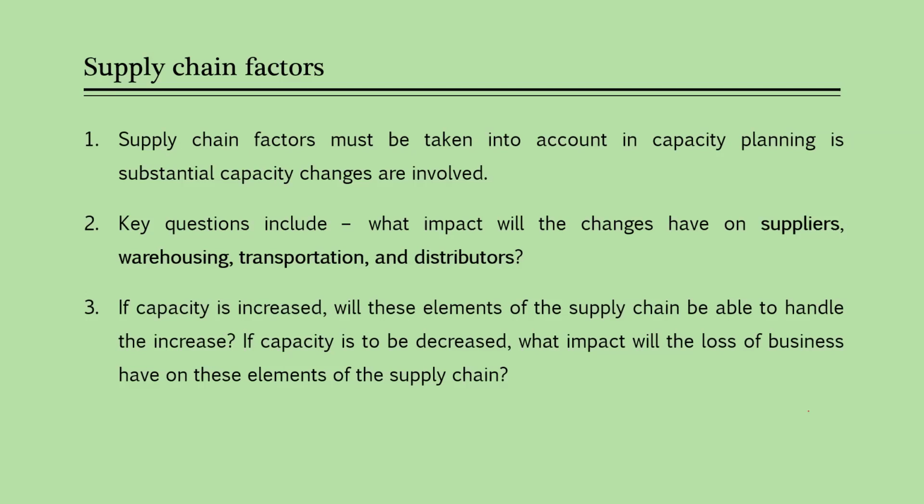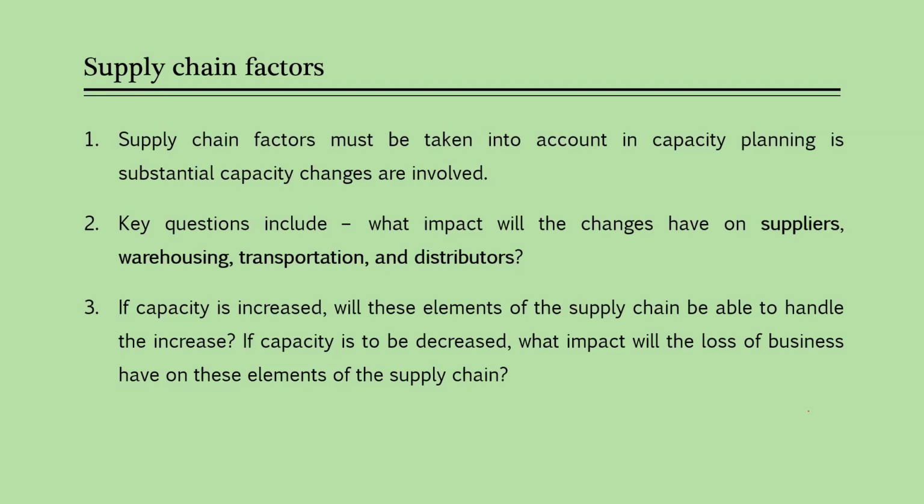Even though we have planned to increase to 2,000, whether we will be able to handle this, whether we have enough raw materials, whether suppliers are there to deliver within the required time. So we have to focus on each and every aspect of the supply chain with regard to this.